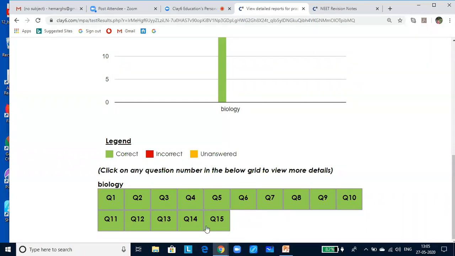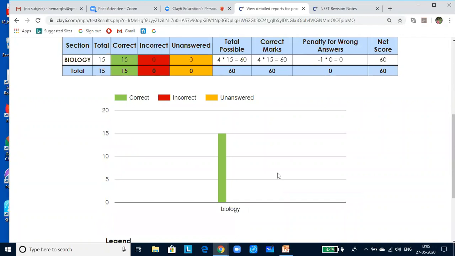So 52 minus 2, my score. So you should not go in for incorrect answers. If you do not know the choice, please leave it. Otherwise, you will be holding those 2 marks, and each and every mark counts for you in the NEET exam. So with this, I'm completing today's class.